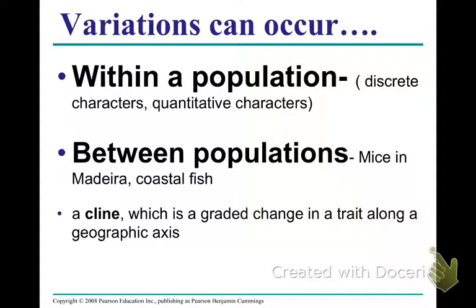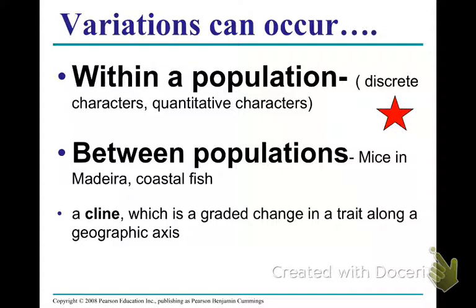Now, in other cases, variations can occur. Sometimes inside a population, you will see lots of variations. Sometimes between populations, you will see lots of variations. And sometimes you will see a gradual change in a specific quality of a population depending on its geographical presence.